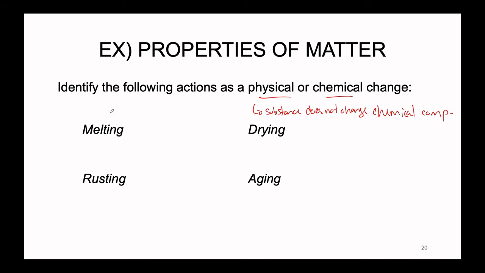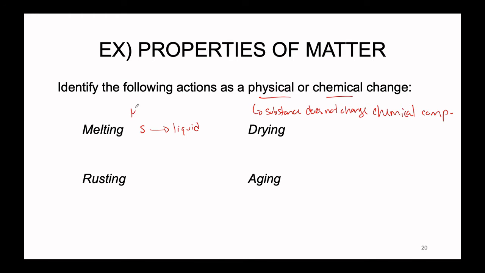All right, so melting. This is our first example. As something melts, by definition, we are going from an object that is a solid and it is turning into a liquid. It is like the reverse of the example we talked about previously, going from liquid to solid.